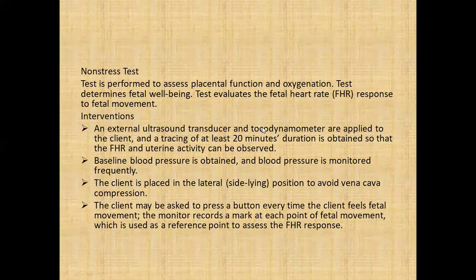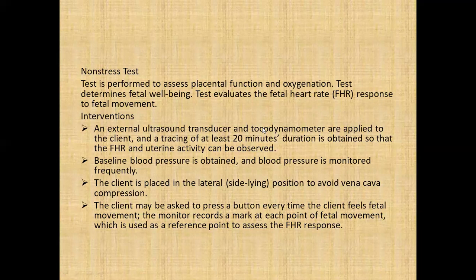When there is fetal movement, the fetal heart rate has to go up. If there is a fetal movement and after it there is no increase in fetal heart rate, or the fetal heart rate remains the same, then there is something wrong with that fetus. So fetal heart rate is assessed in response to fetal movement.